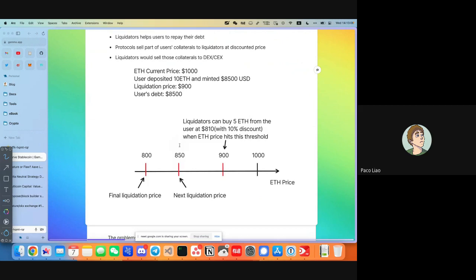So only 3 times. This user only deposited 10 ETH, but if this user is a big whale and has maybe 10,000 ETH, it will be a problem if we only liquidate 3 times.